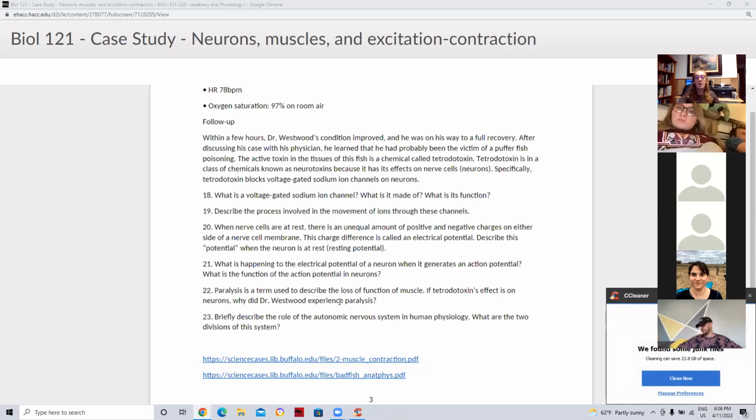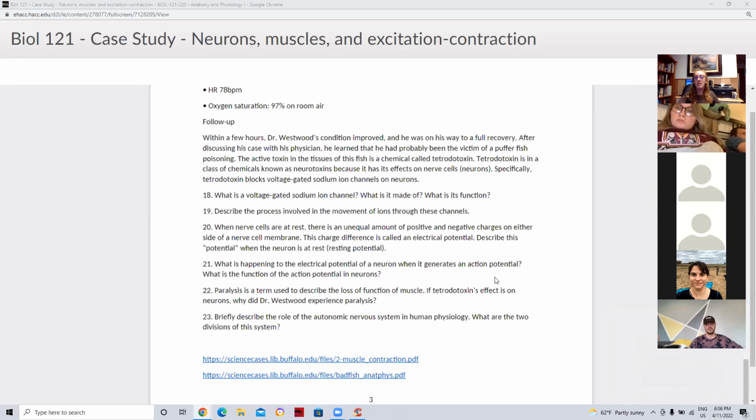What is happening to the electrical potential when it generates an action potential? And what is the function of an action potential in neurons? Well, what's happening first?